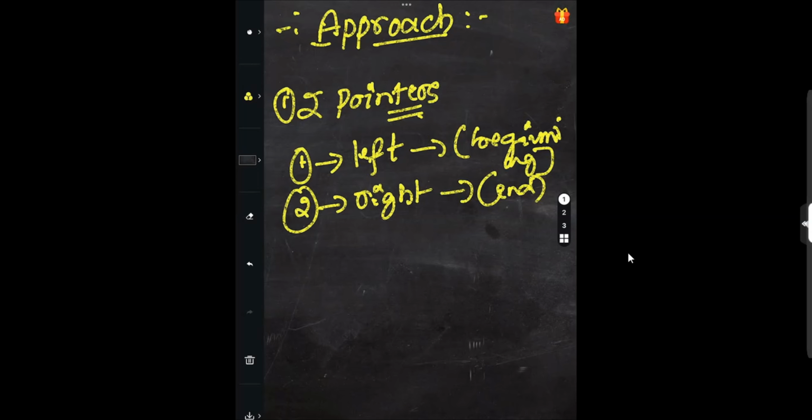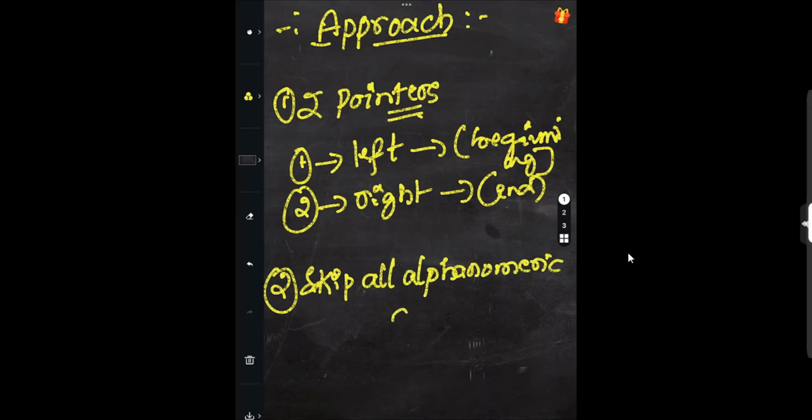And the second step is we will skip all the non-alphanumeric characters. We move the left pointer to the right and the right pointer to the left.